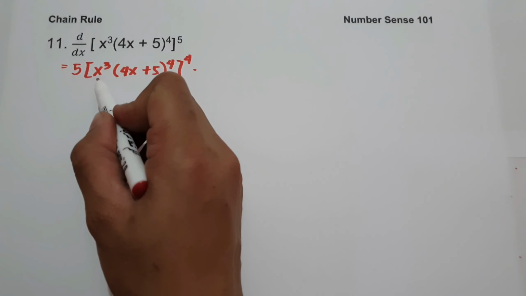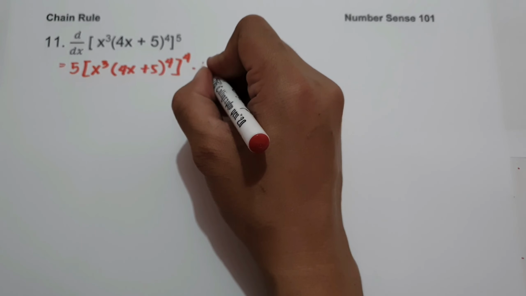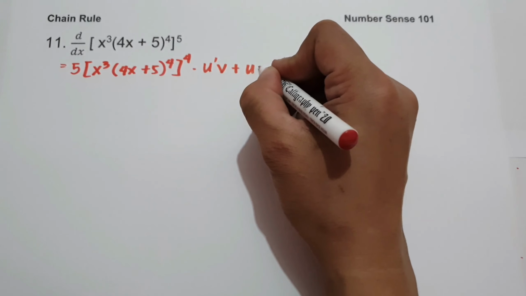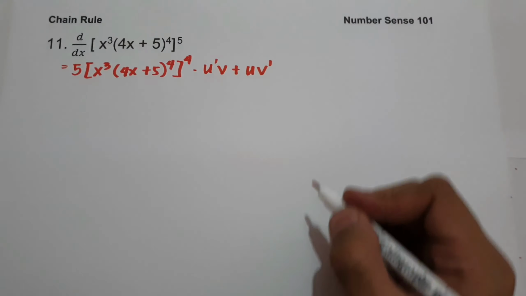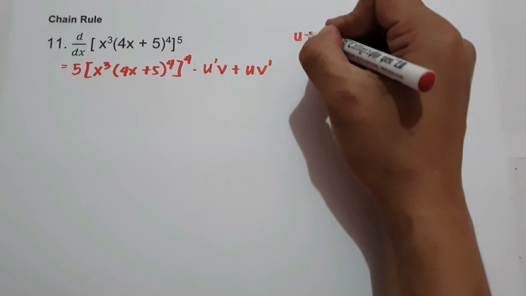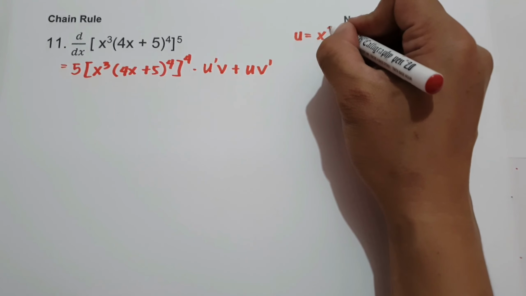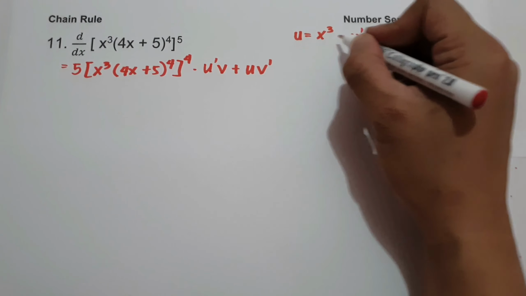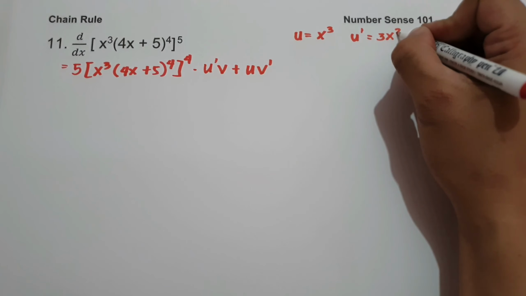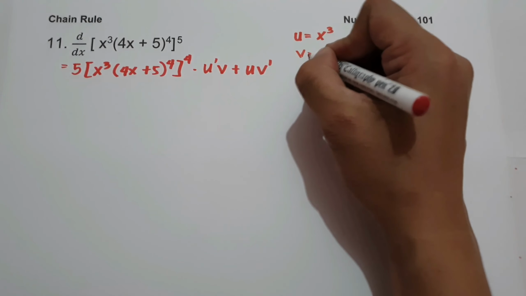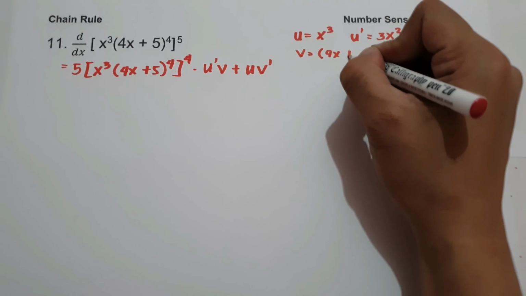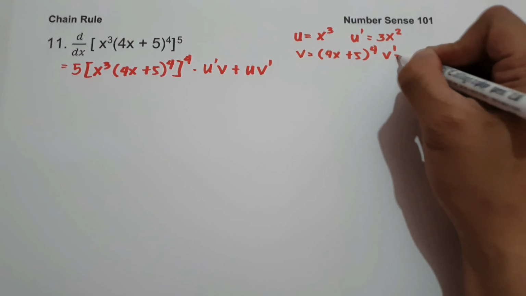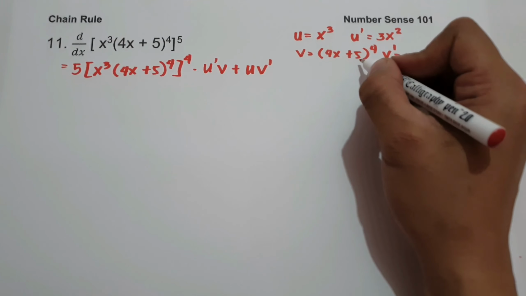So as you can see, we have a product, so we are going to use product rule, that is u prime times v plus u times v prime. So let us identify first the value of u, that is x cubed, and then u prime, that is the derivative of x cubed, that is 3x squared, and then v, that is 4x plus 5 raised to 4, and then v prime, that is the derivative of 4x plus 5 raised to 4.